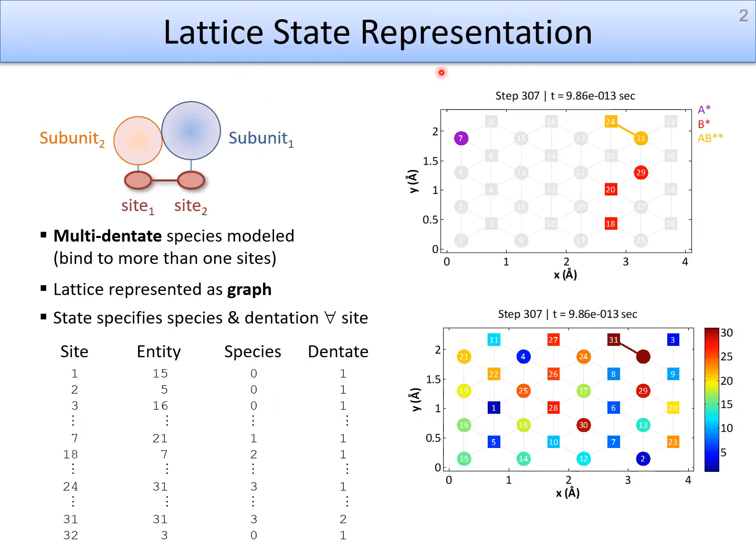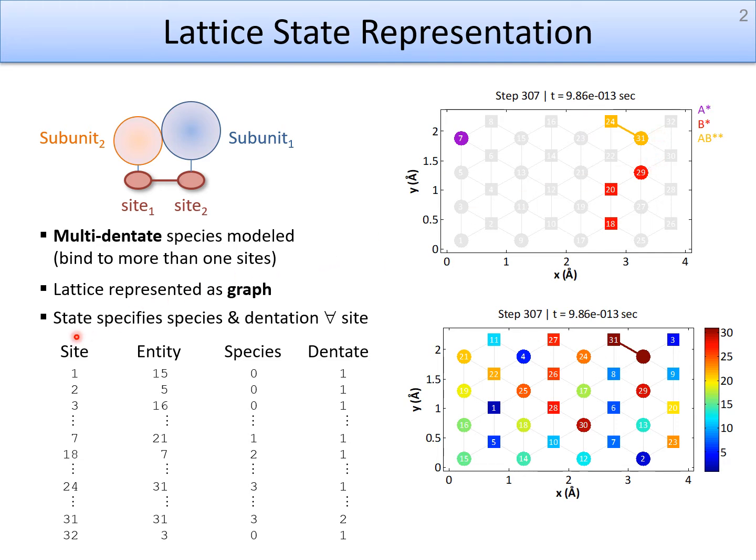So let's look into the lattice state representation in a bit more detail. This is an example of a bidentate adsorbate in which subunit 1 is occupying site 2, subunit 2 is occupying site 1. As we mentioned earlier, we have our lattice, which represents the catalytic surface, and then we somehow need to provide the information about the occupancy of each one of the sites and also the orientation of the adsorbates.